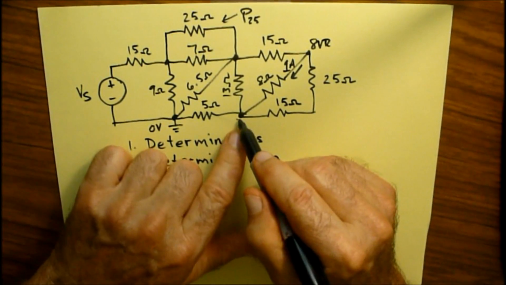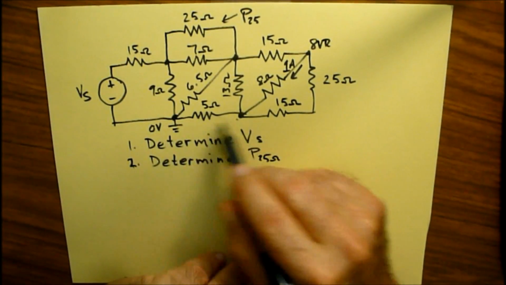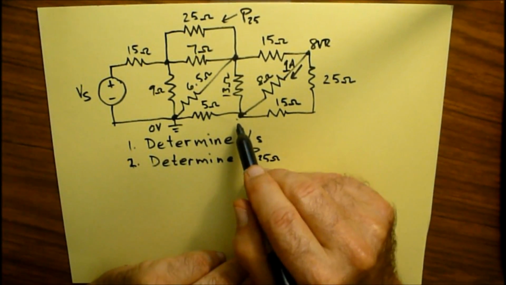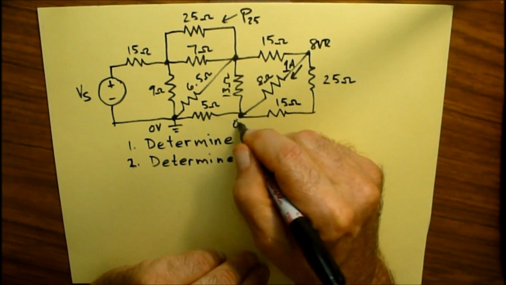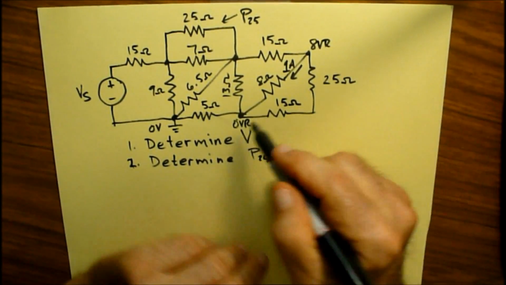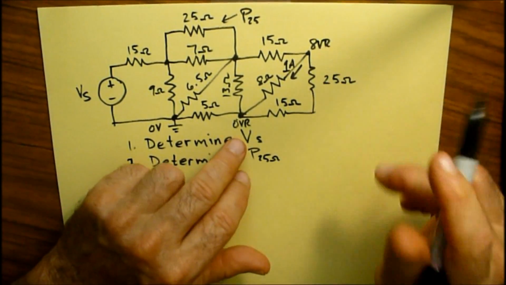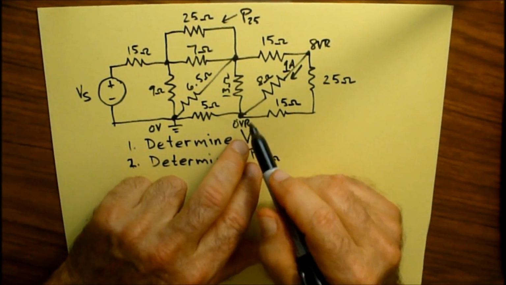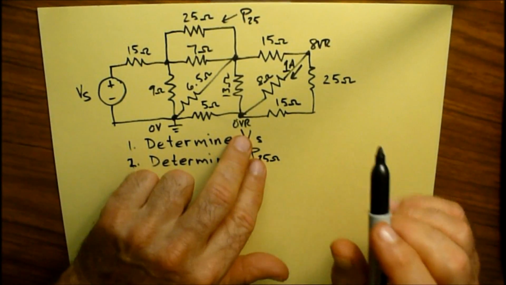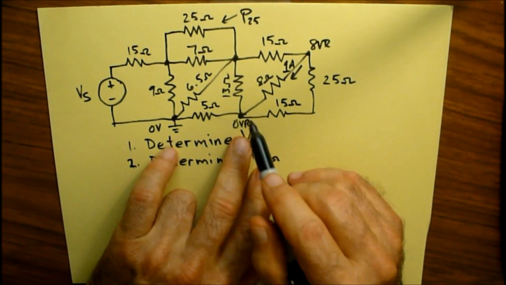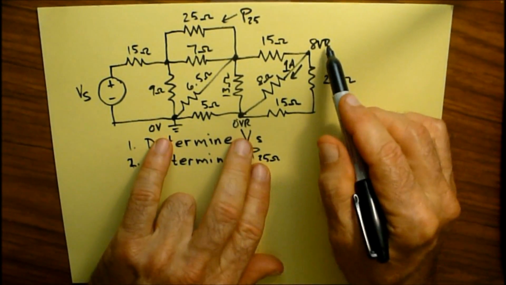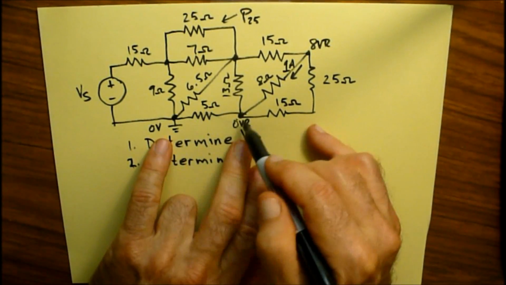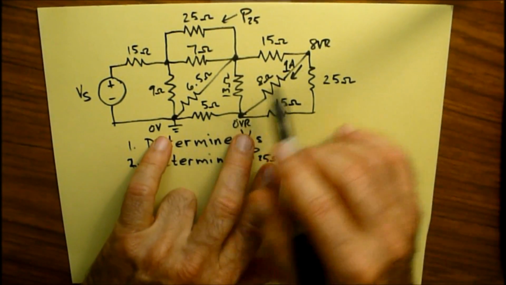I don't know what this voltage is because this is 0 and there's some voltage across here, and I'm going to call that 0 volts relative to this point right here. And I'm calling it volts relative because, again, I don't know. It's relative to this. So these are going to be relative to whatever this voltage is right here. I'll figure that out later.